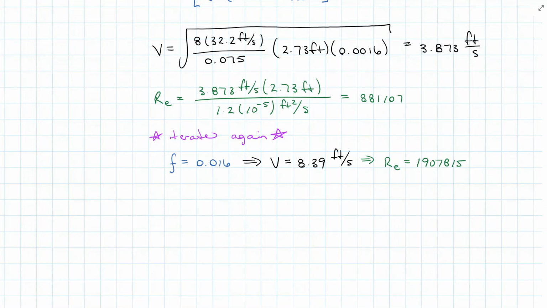So then I again iterate, and plugging that Reynolds number into my friction factor, I get a friction factor of 0.016. And that is the same as we got last time. So convergence, yay!